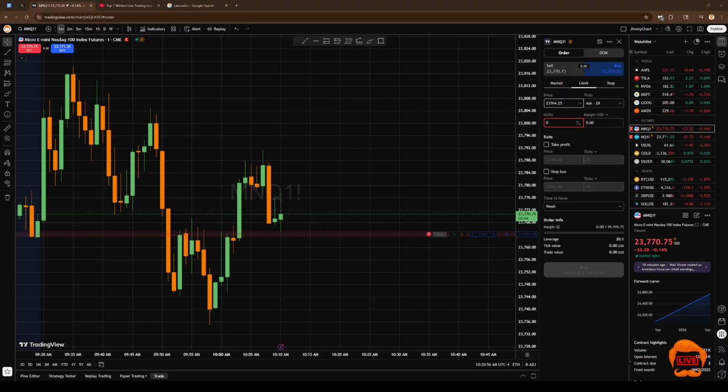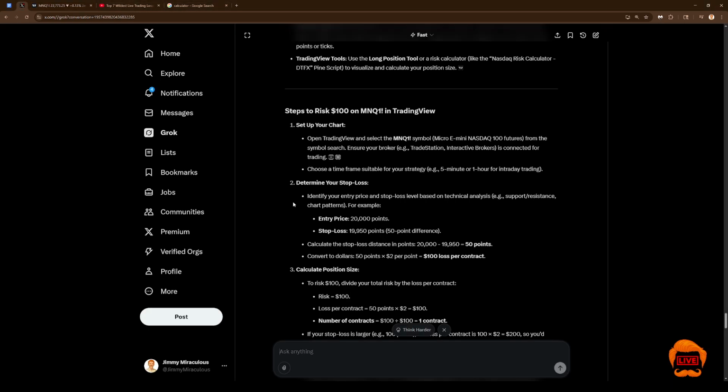Okay. We're still trying to figure out how to buy things. So let me look at this again. Identify your entry price and stop loss level. Okay.